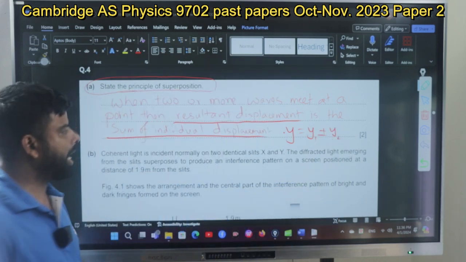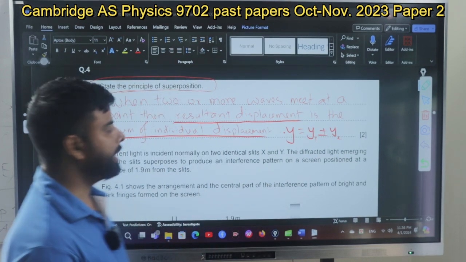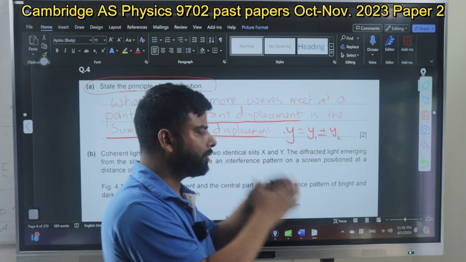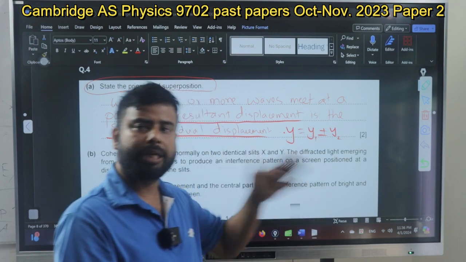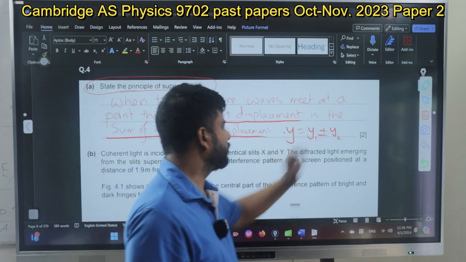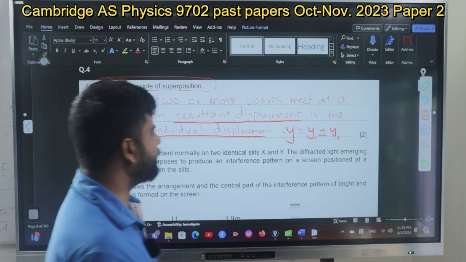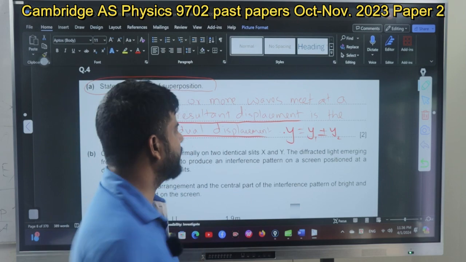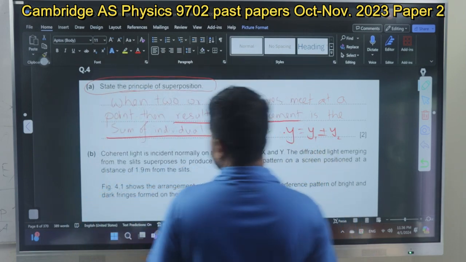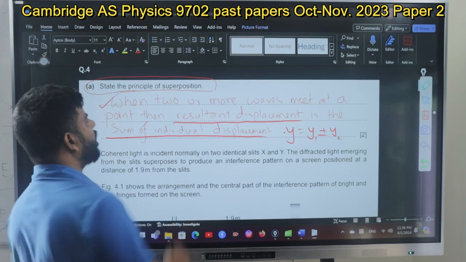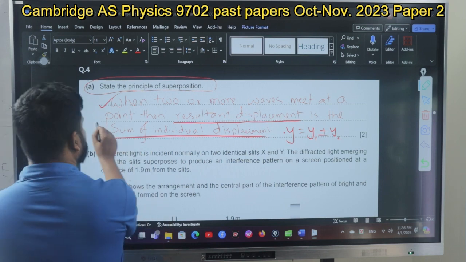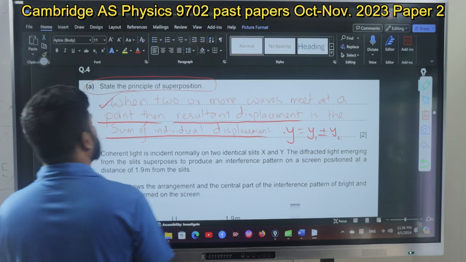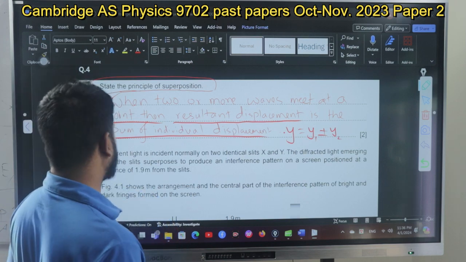Why is there both a plus and minus sign? Because if two waves meet from the same direction, then we use the positive sign. If they meet from the opposite direction, then we use y1 minus y2. So when two or more waves meet at a point, the resultant displacement is the sum of the individual displacements.